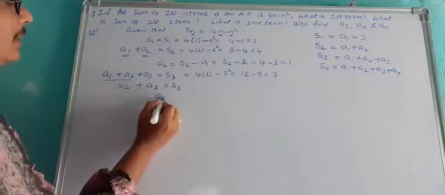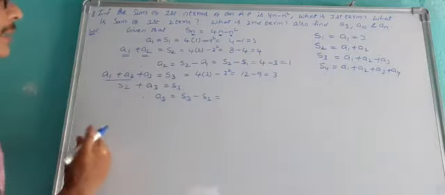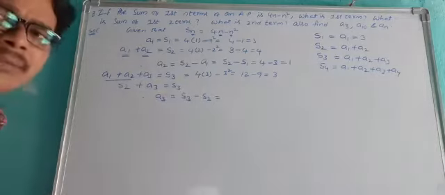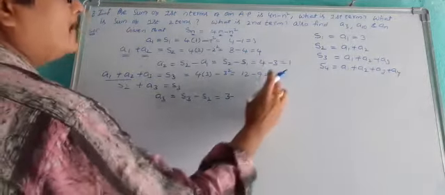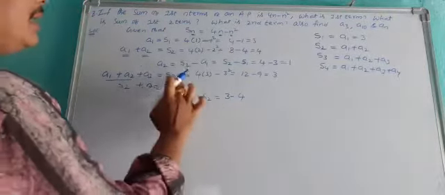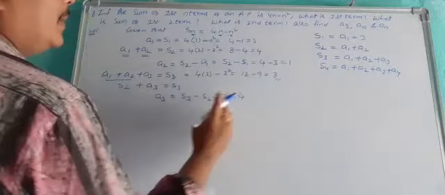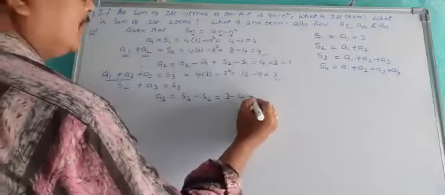Therefore A3 equals S3 minus S2, by transposition of S2. S3 equals 3 minus S2 equals 4, that equals minus 1. This is the first one, this is the second one and this is the third one.